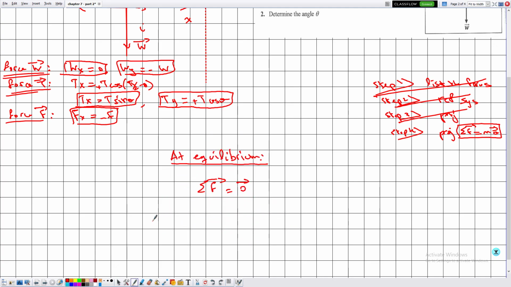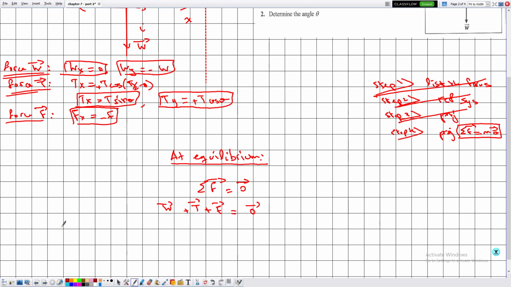So at equilibrium, notice that this is a vector equation. Vectors must exist on the left and vectors must exist on the right. So the sum of forces represents the different forces acting on the object, and this is given by weight W plus the tension T plus the force F. And on the right hand side of this equation, this is the 0 vector. Now we are in step number 4, and we want to project this equation.